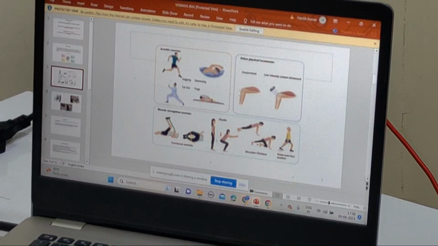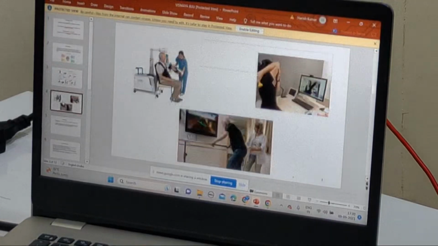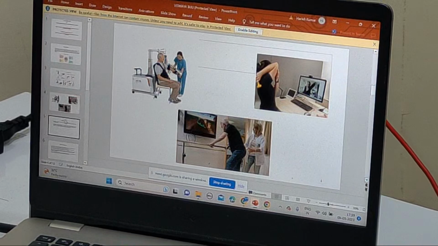And here is the normal PT management that we give for arthritis. These are aerobic exercises, then we give muscle strengthening, then other modalities. Next slide.